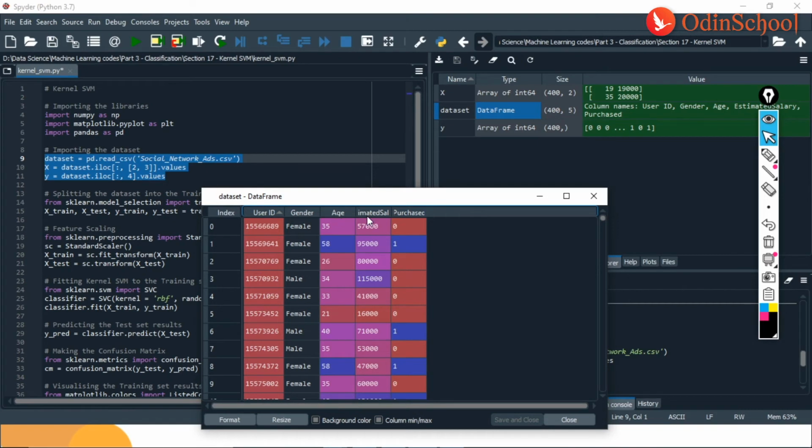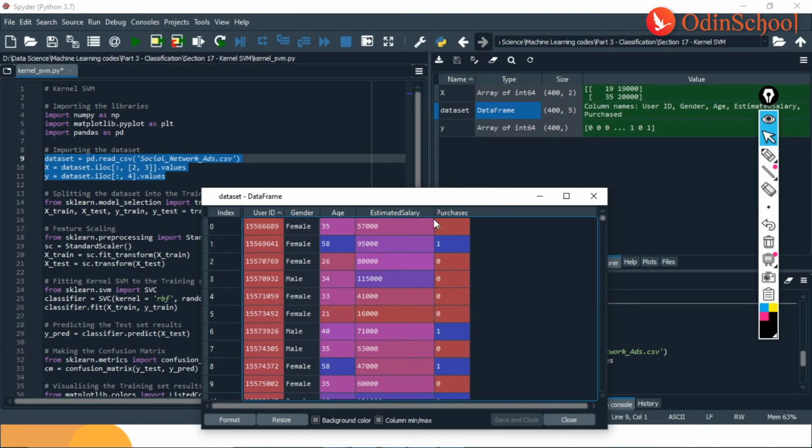So 1, 2, 3, 4, 5. 0, 1, 2, 3, 4, which means that age and estimated salary would be a part of my independent variables, while purchased or not would be my dependent, which means that I'm trying to understand that based on age and salary of a person, would an item be bought or not.